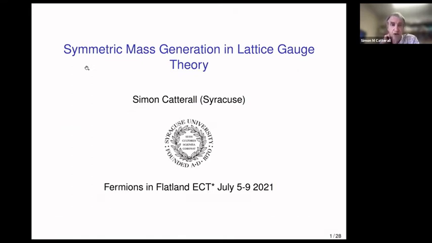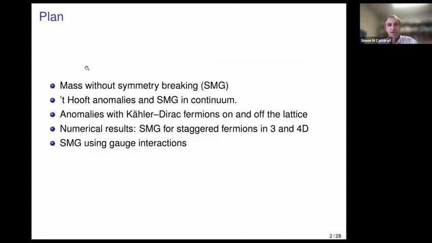Some of these ideas also have a parallel development coming from formal quantum field theory, and I'll mention that as we go along too. So here's the plan for the talk. I'll tell you what I mean by symmetric mass generation, this idea of generating fermion masses via interactions without breaking symmetries.